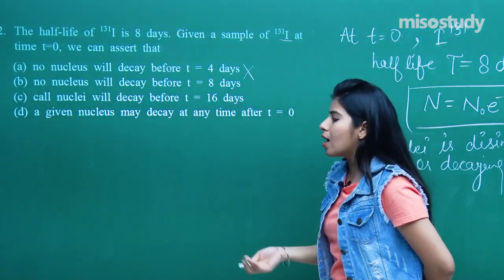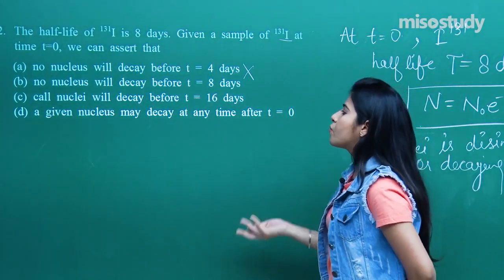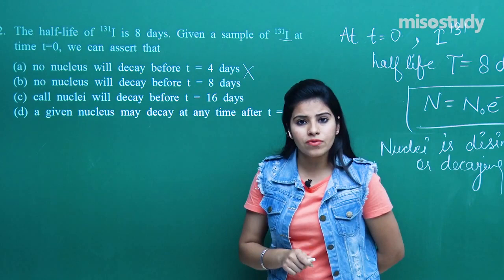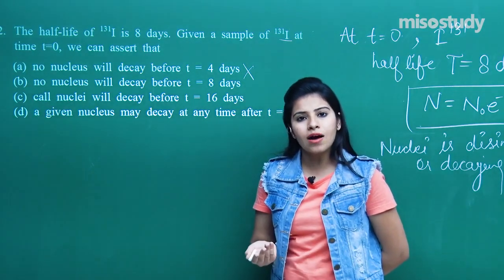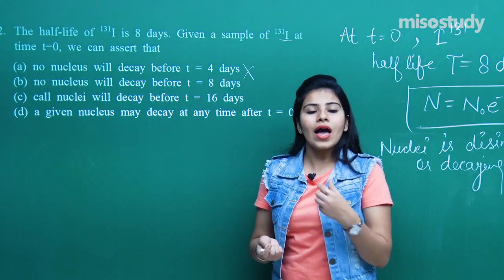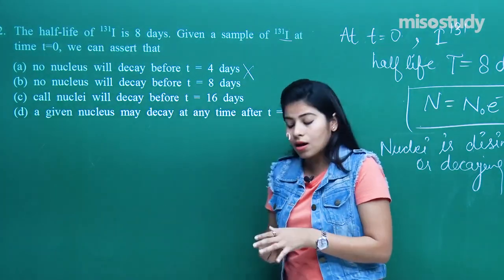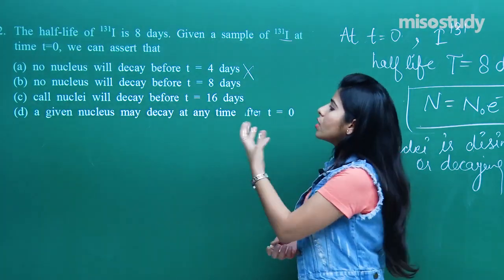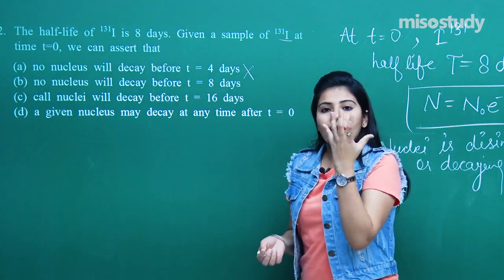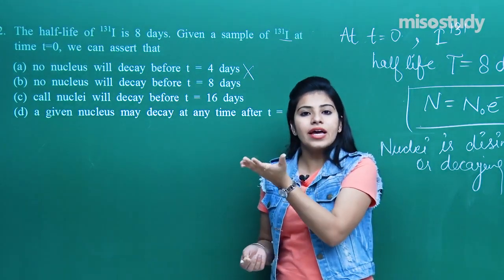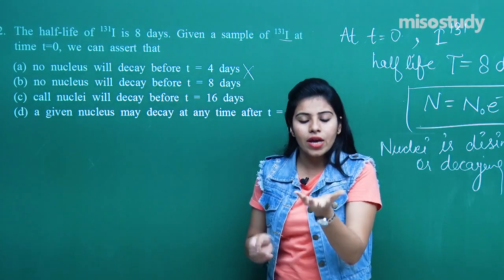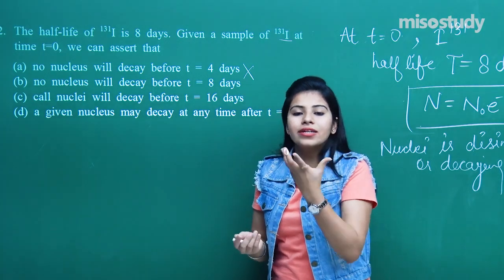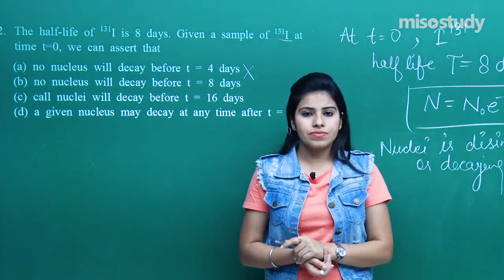Okay, option B: no nucleus will decay before T equals 8 days. 8 days is your half-life. That would mean no decay will happen before the half-life. I cannot think that. We have learnt this major portion in the theory part: whether it is N0, N0 by 4, the initial number of nuclei, or 2 N0, it will start decaying in an exponential manner.